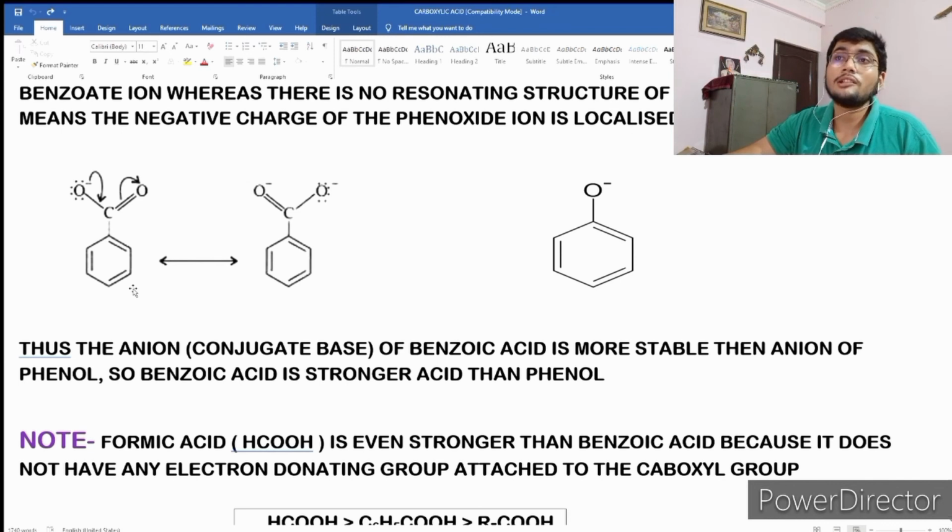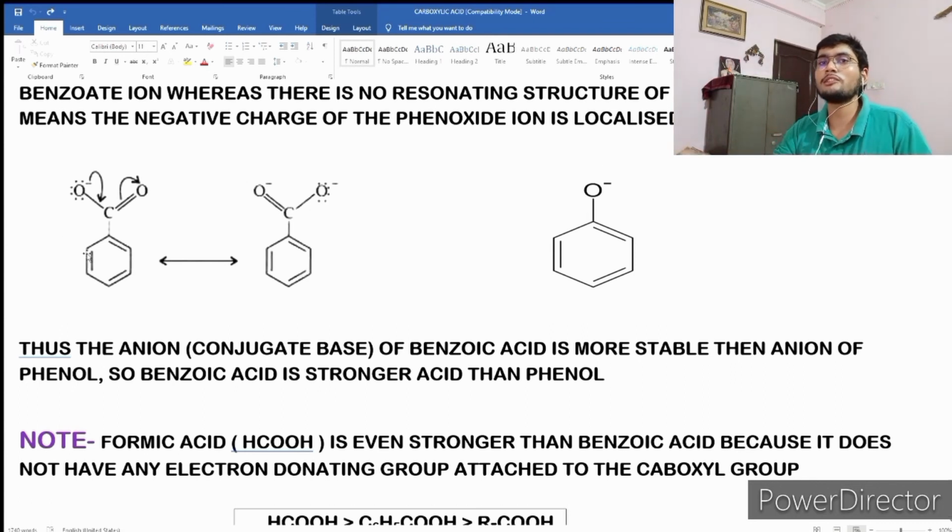But because the benzene has an electron donating tendency, it will intensify the negative charge of oxygen to some extent. Because the distance is a bit longer, it will not intensify as much as it does in the phenoxide case, but it will intensify.